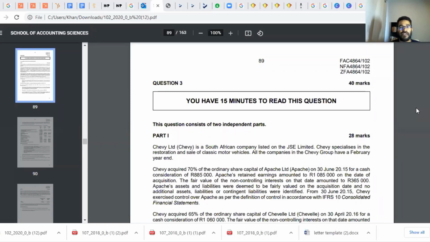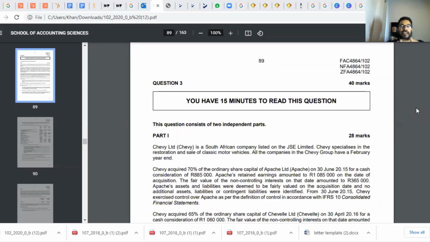As you practice your question papers, make it one of the checklist items on your to-do list or study schedule: something you must master, which is to read a scenario with understanding.